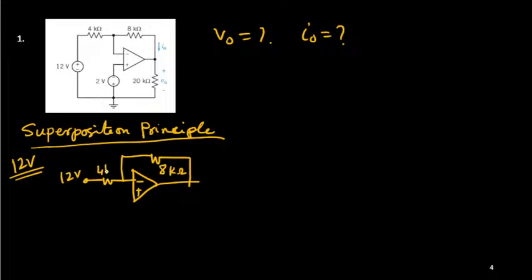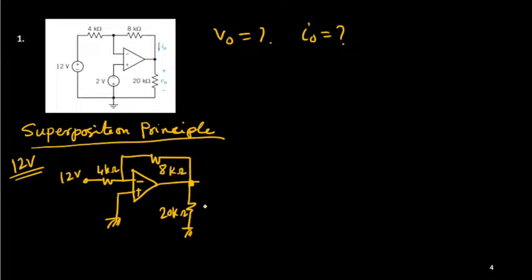This is your 4 kilo ohm. Now this end, the 2 volt source, I will make grounded, shorted, because we are considering the 12 volt source at a time. And you can see that one load is connected, 20k.